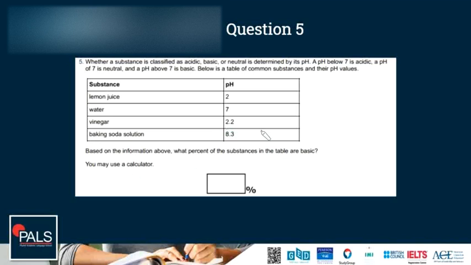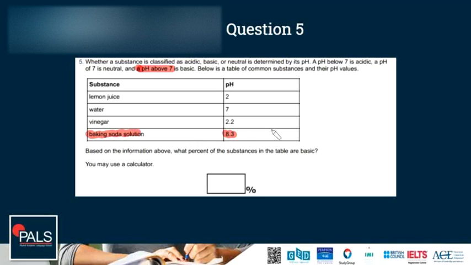I don't think we need a calculator for that one. We can see that the only substance that is above 7, again, pH above 7, that means it's basic, and we are looking for basic substances. The only substance that has a pH above 7 is this one, baking soda solution.